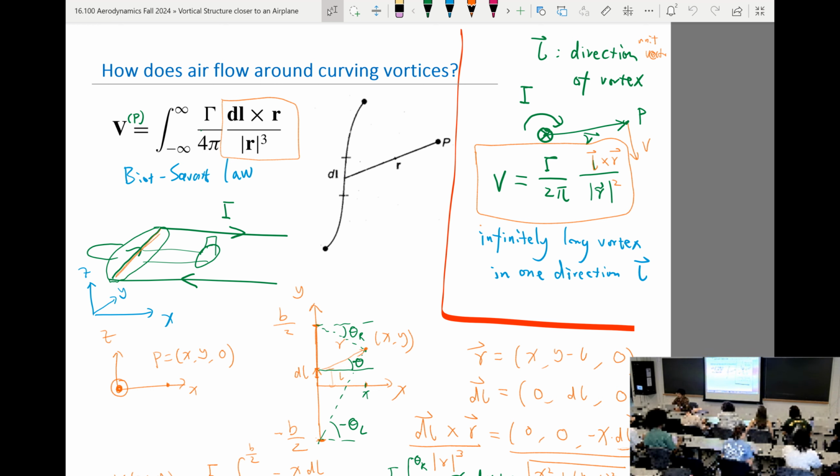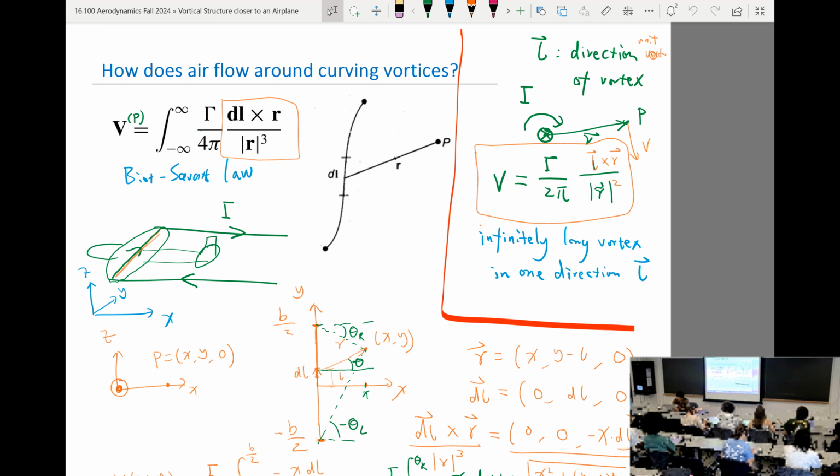So let's start by considering just one segment of a vortex. Let's imagine that segment, and think about it as one of the three segments.